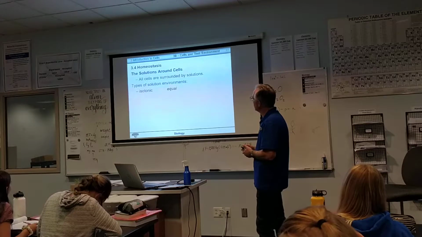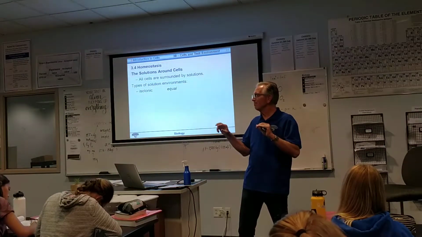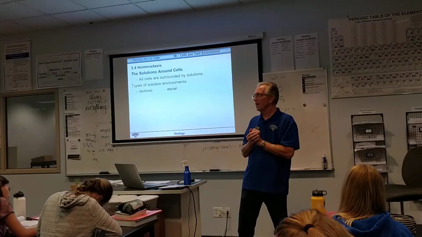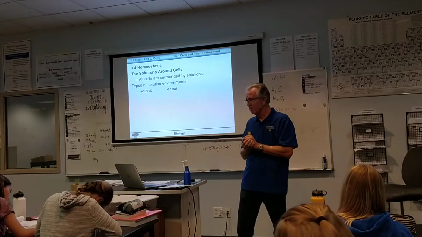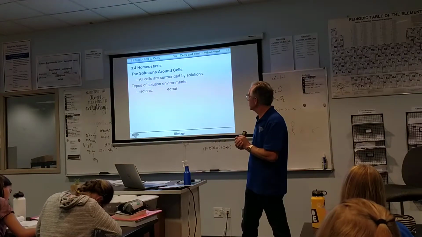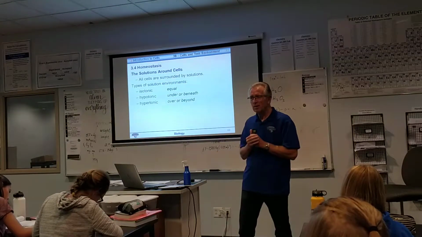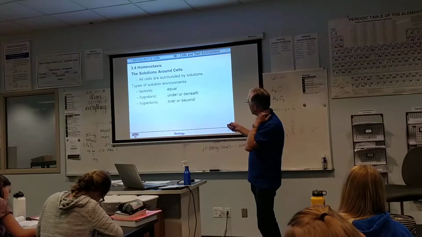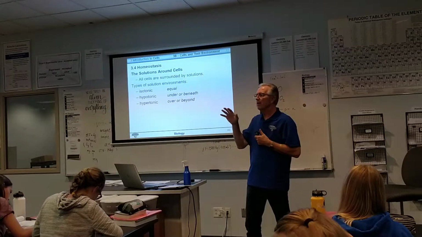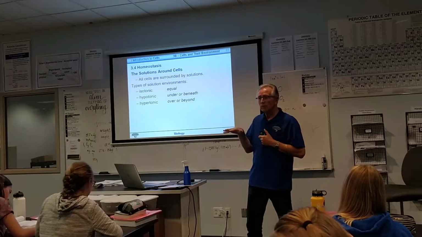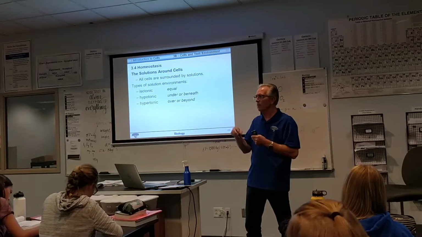Now, what types of environments? Well, I showed you that video of osmosis and diffusion. We used the words isotonic, hypotonic, and hypertonic. Just to remind you again, this has to do with the amount of solutes, the stuff that's dissolved in a solution, the amount of solids dissolved in the water.